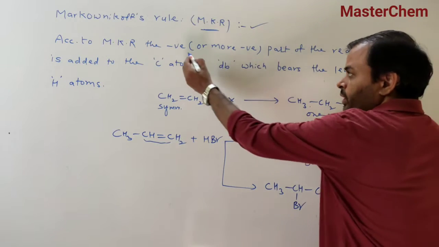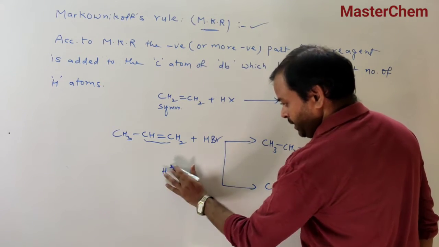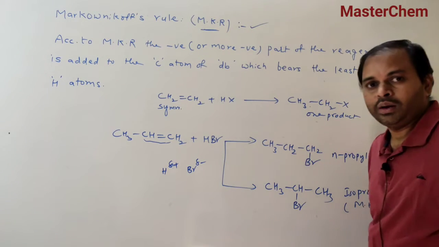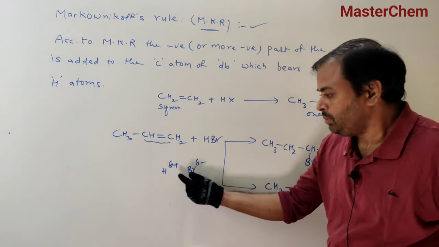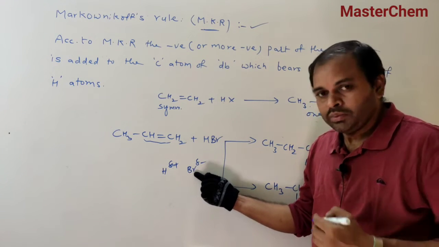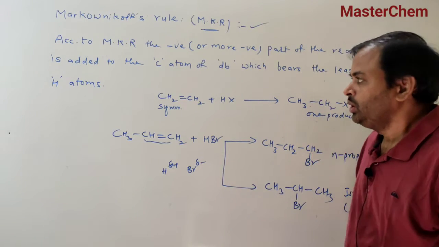So what is the negative part of the reagent? Here it exists as H plus and Br minus. In HBr, by delocalization, H gets a positive charge, and as bromine has more electronegativity, it gets a partial negative charge.